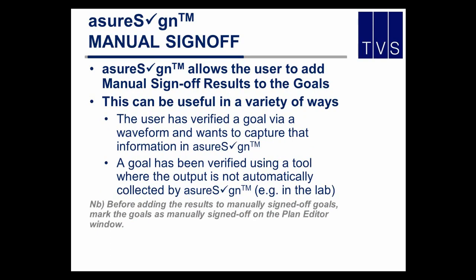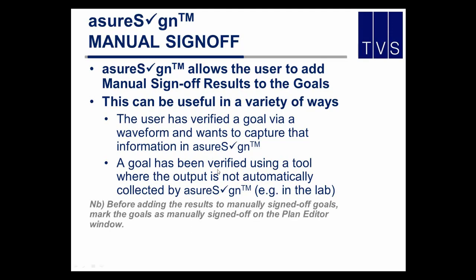So sometimes you might have verified a goal via a waveform or something, and the only way that you can actually verify that you've passed a goal is by looking at the waveform and manually saying, right, okay, that looks right to me, but you can't automate that pass-fail criteria. So you might want to sign that off and capture the information in AsureSign that you've passed this off because of this waveform, and this waveform is actually stored in this particular place.